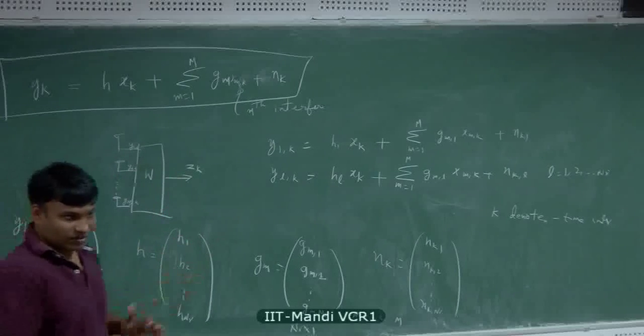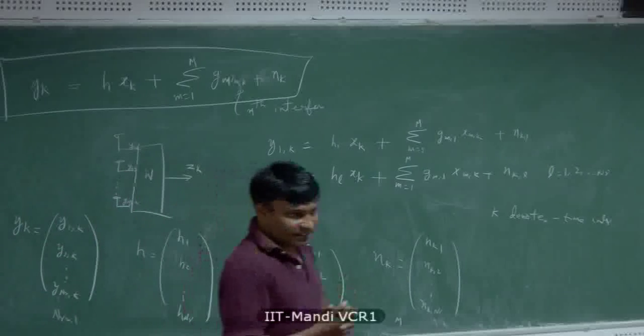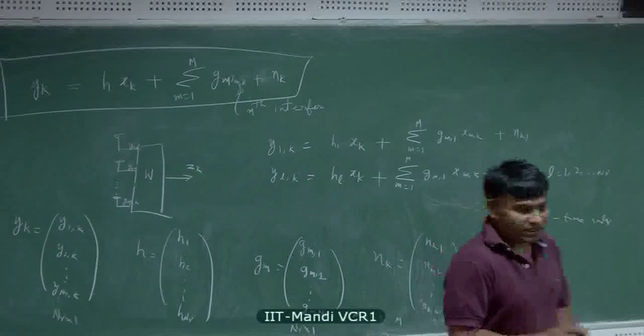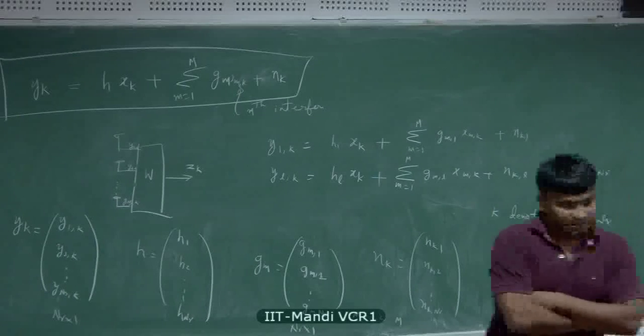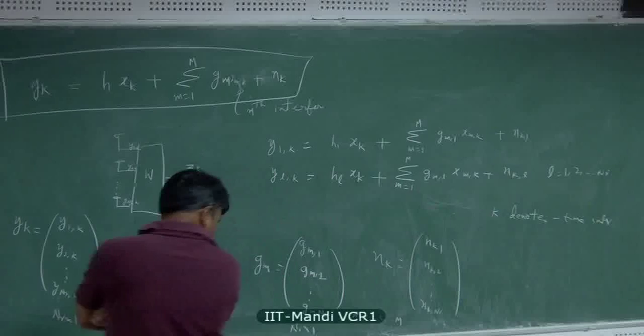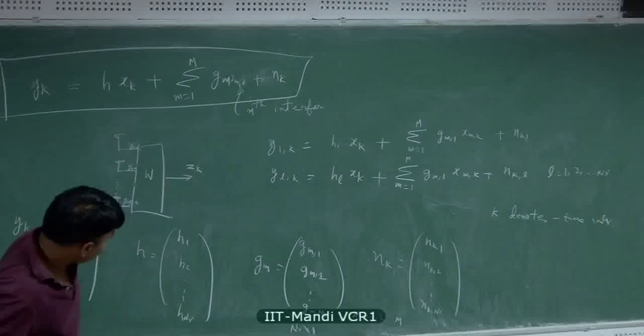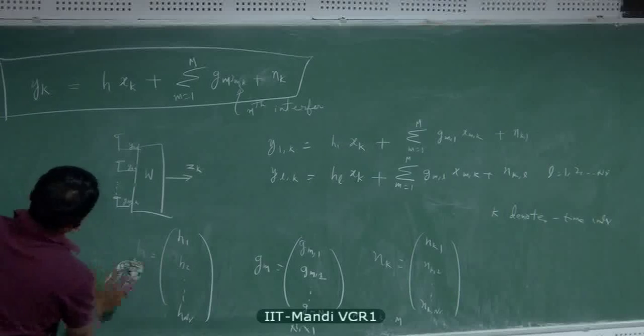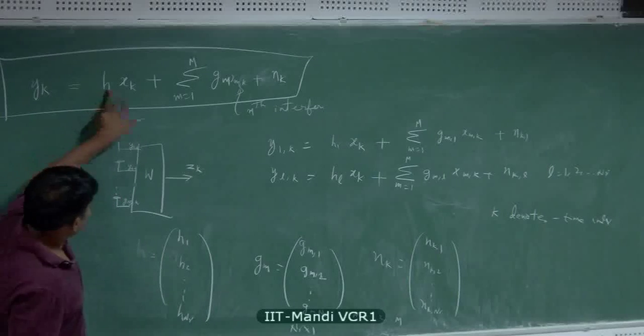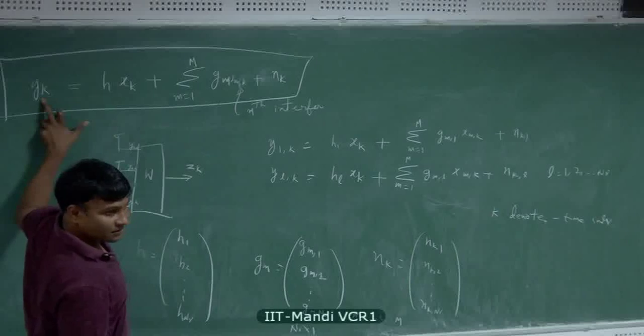How many signals you can simultaneously transmit so that you can separate them at the receiver using this linear combiner. Keep in mind that these are all vectors.